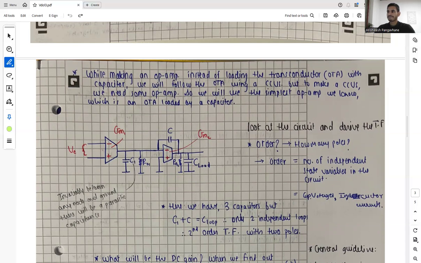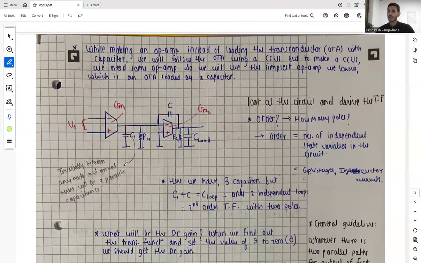And also, where did this capacitor come from? Invariably, between any node and ground, there will always be a parasitic capacitance which we have to acknowledge and take into consideration.